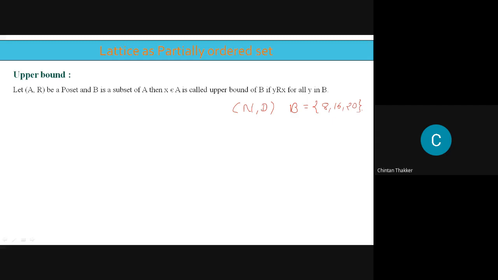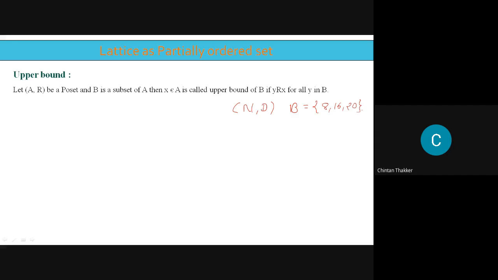Now here, which one is the upper bound from N? Upper bound means 8, 16 and 20, these three numbers divide that number. That number is called the upper bound.